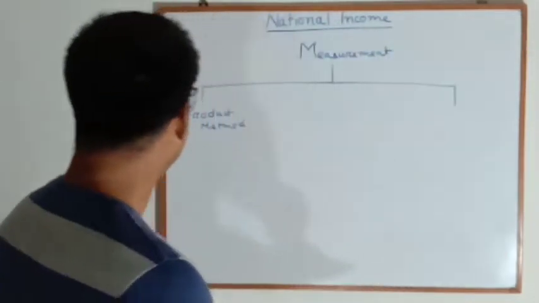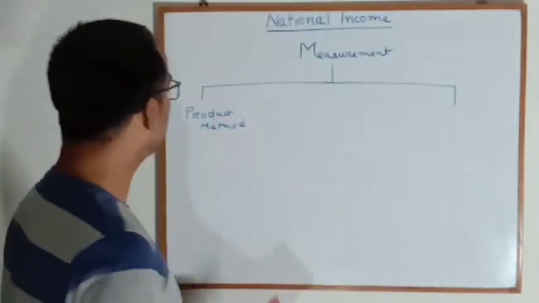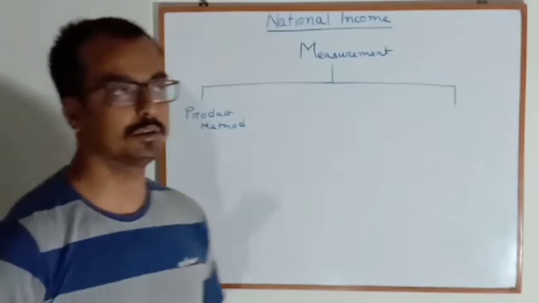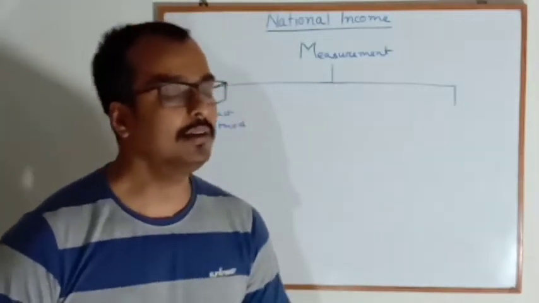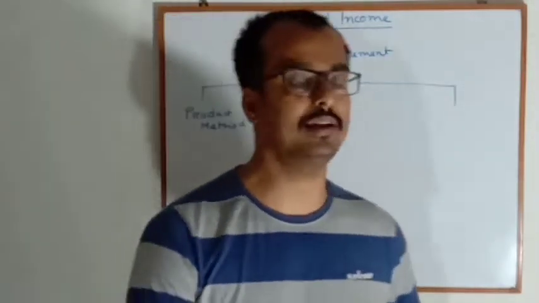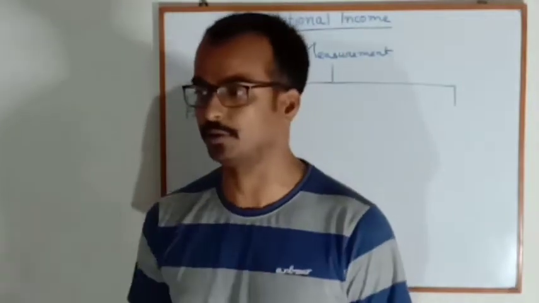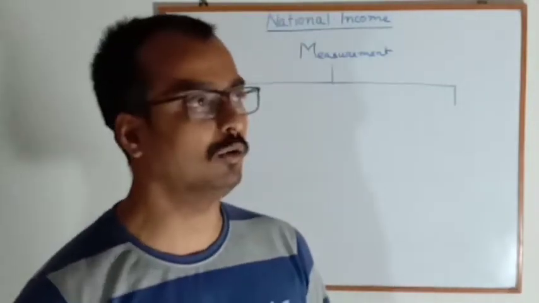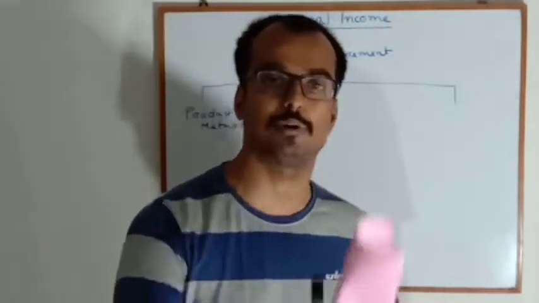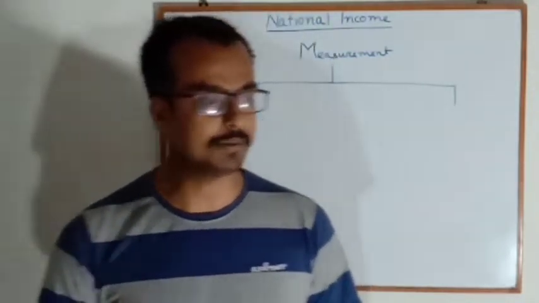Now let us concentrate on the product method. So what is product method? The definition which I have given is a representation of the product method: the aggregate money value of all goods and services produced by a country within a particular year.